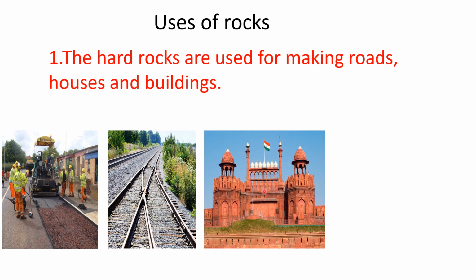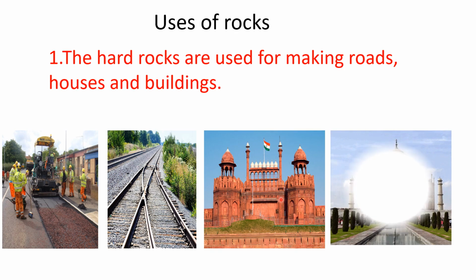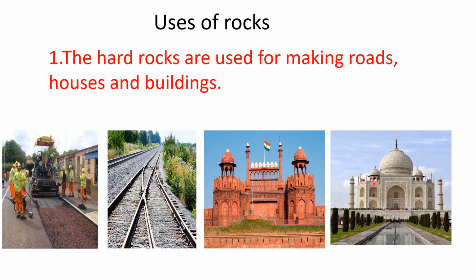And this is the Red Fort picture, and the Red Fort is made of red stone, and the Taj Mahal is made of marble. So all pictures show that hard rock materials were used to make them.